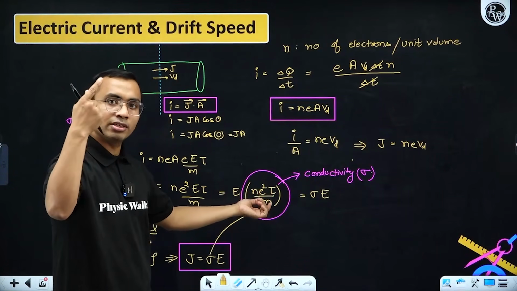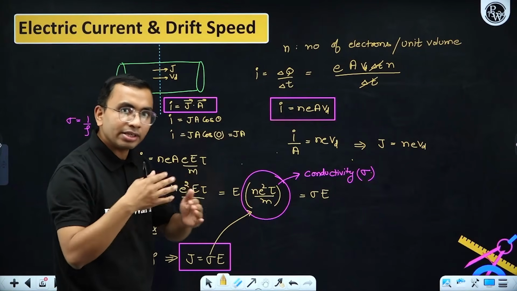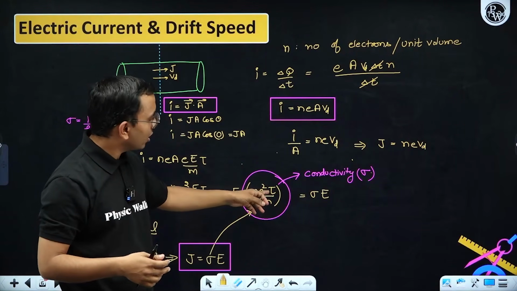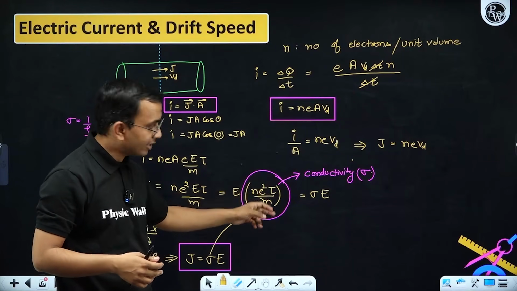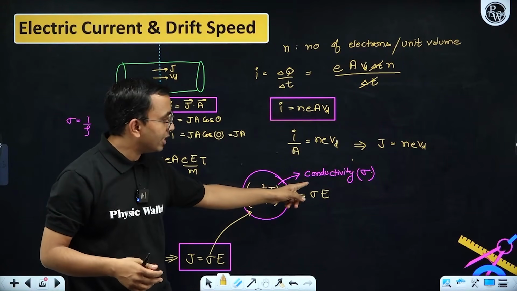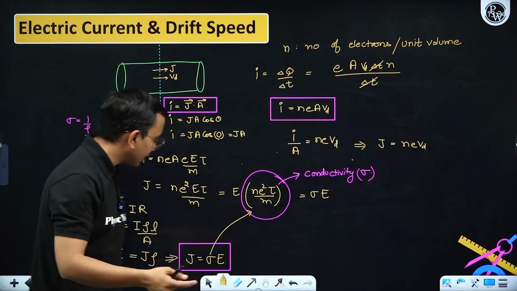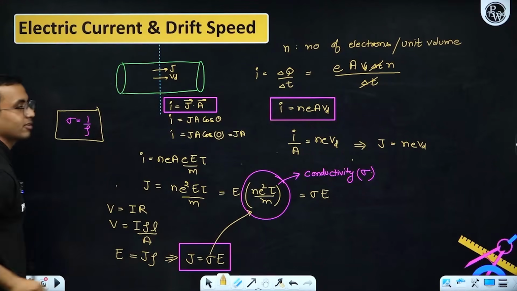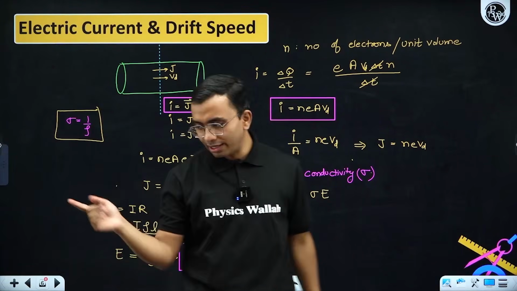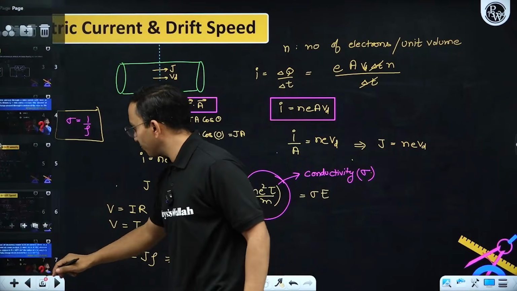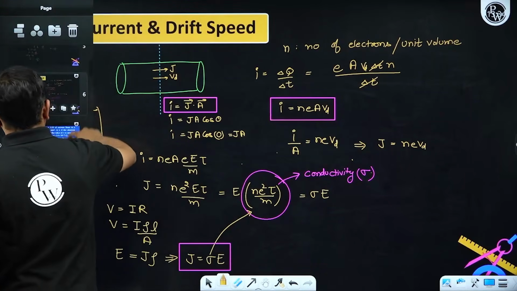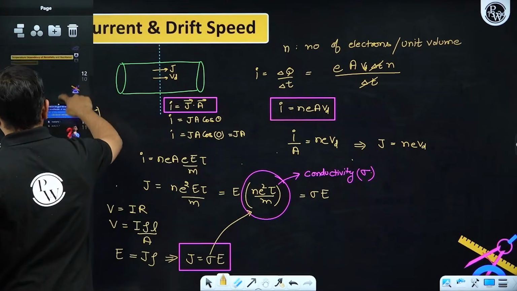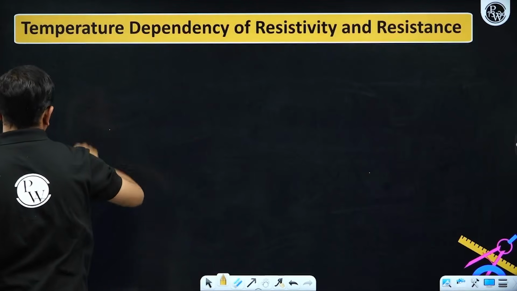Increase the temperature, collisions will increase, the frequency of collisions will increase, so time will decrease. Time decreases means conductivity decreases. Conductivity decreases means resistivity increases. Getting it? That way also I can say the same thing. So with the temperature, the resistivity is increasing.